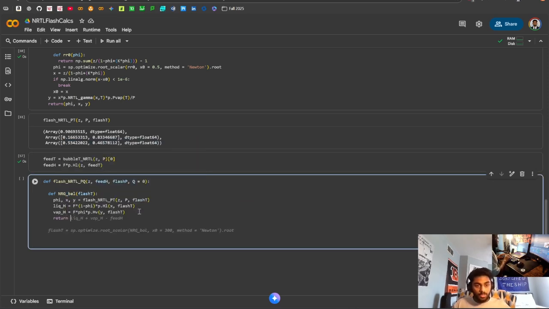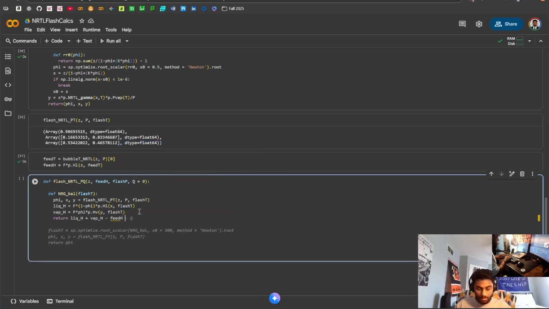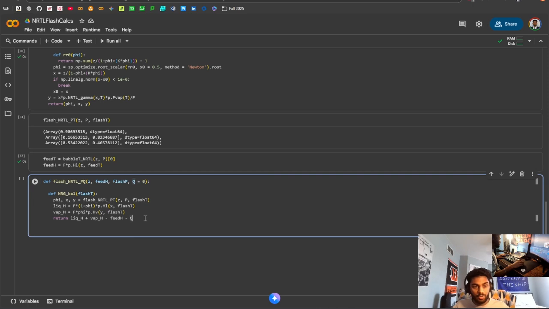And then what we want to return is going to be our liquid enthalpy plus our vapor enthalpy minus our feed enthalpy minus our Q. And if we return this and we set this target function equal to 0, we should get the flash temperature that satisfies this function.